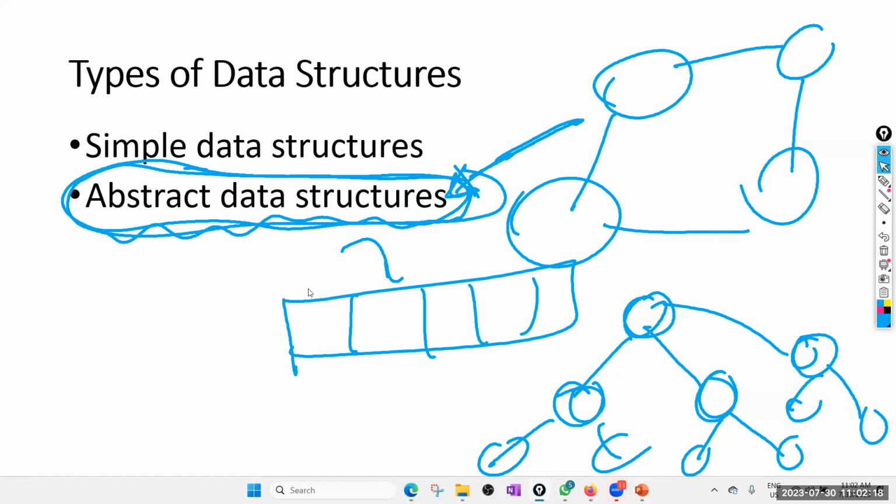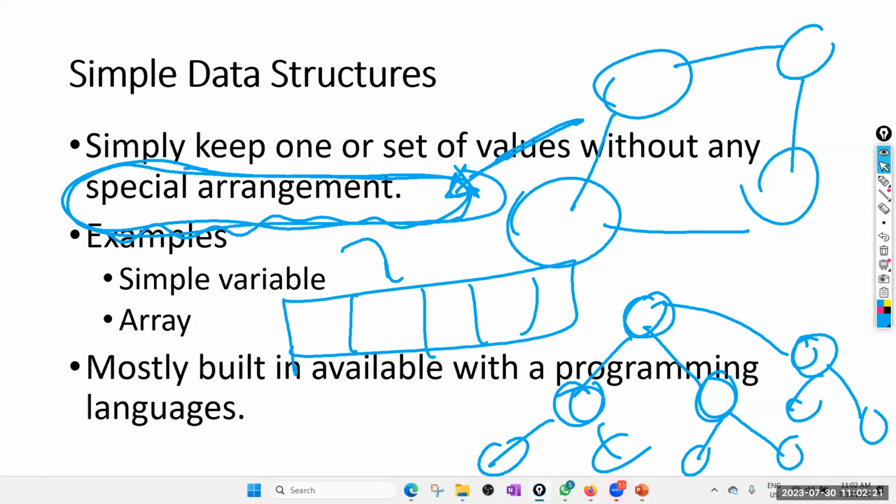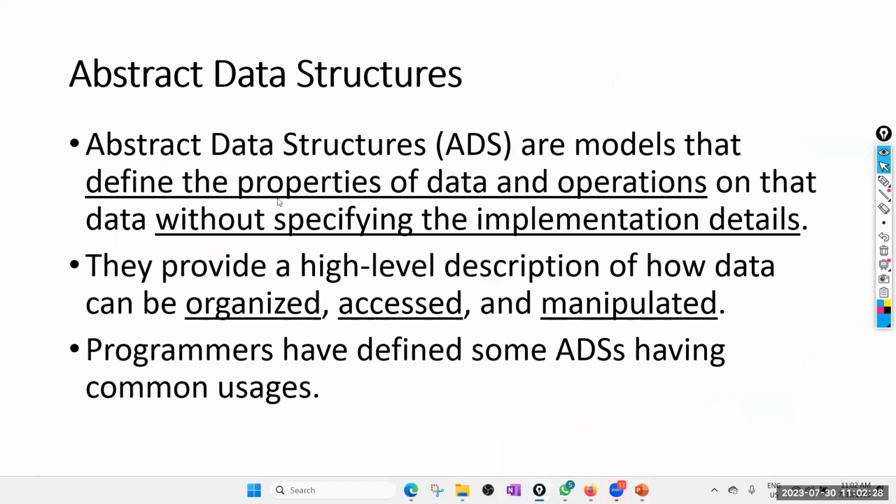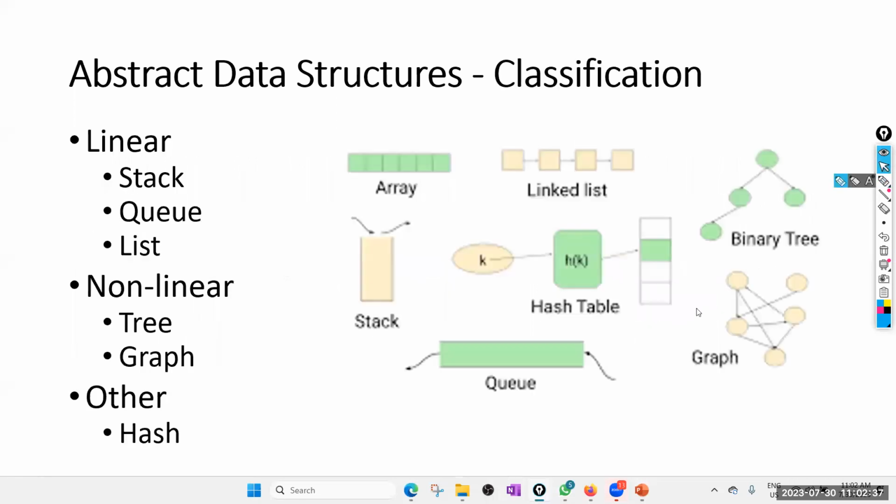But we'll be more interested in the abstract data structures, because each abstract data structure has its own properties, its own behaviors, and different techniques to manipulate it. Of course, arrays, if you want, you can take it, but some people just take array as a non-abstract structure, while you can also think that array has a bit of properties.